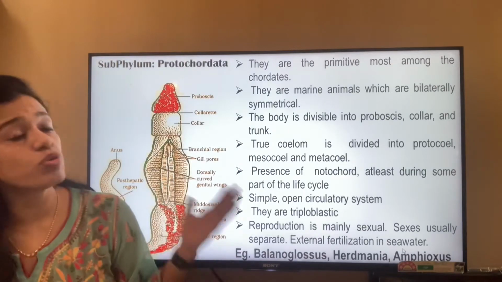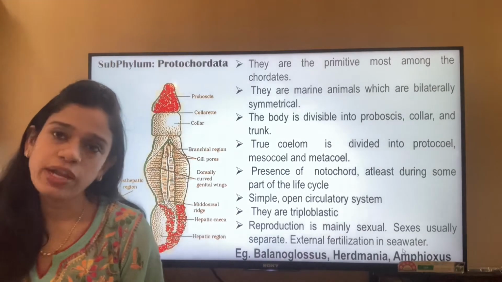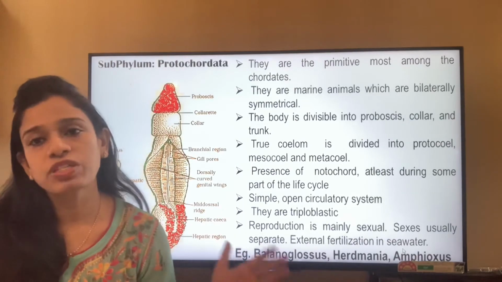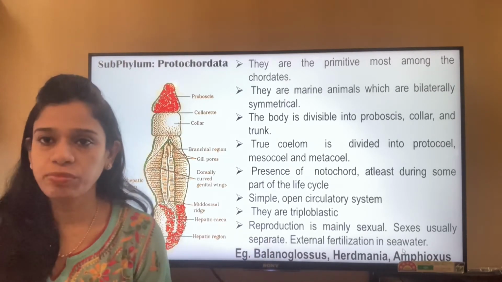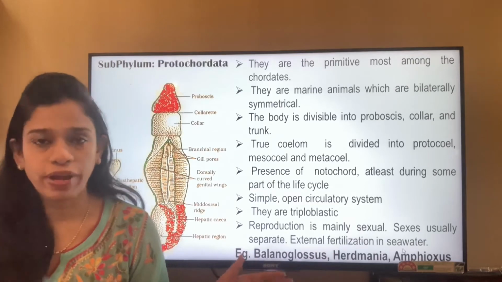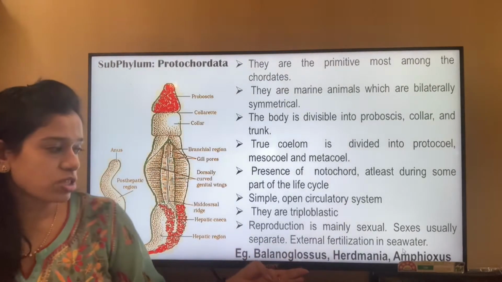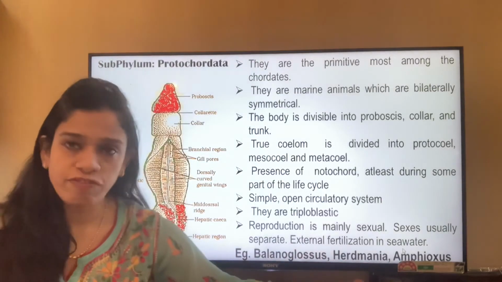That's why I told you they are mostly marine. Till now, whatever we have studied, 95% are mostly marine animals, either aquatic or marine. Examples are Balanoglossus, Herdmania, and Amphioxus.